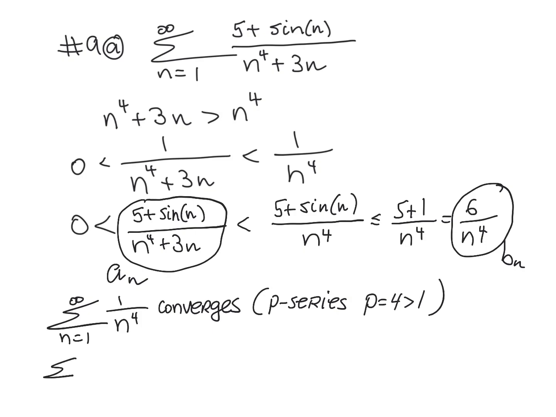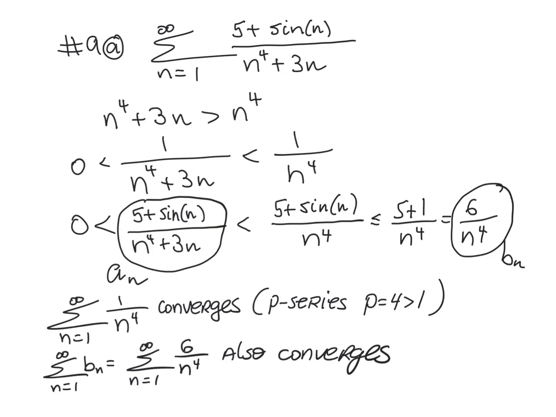If we multiply this series by 6, it turns into our b sub n series, which is the summation from 1 to infinity of 6 over n to the fourth. Multiplying a converging series by a constant keeps it converging. So the b sub n series converges also.